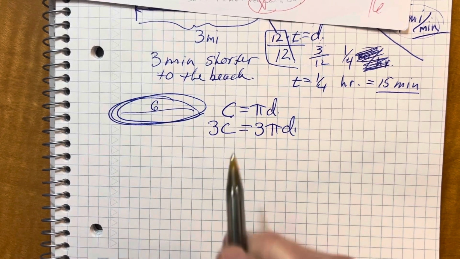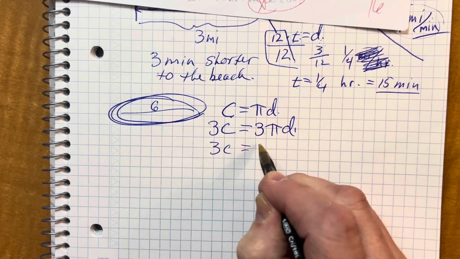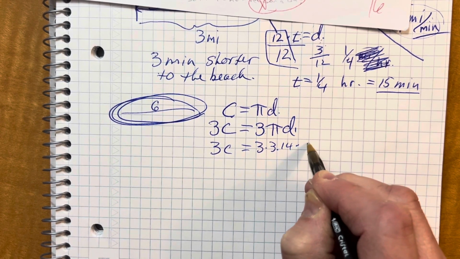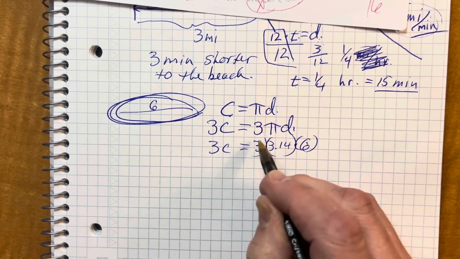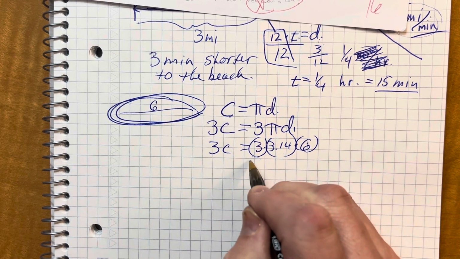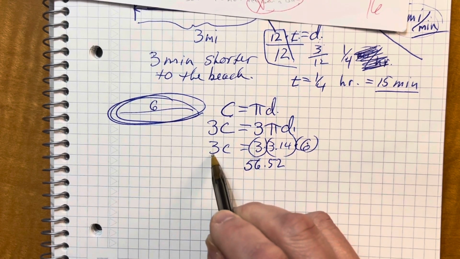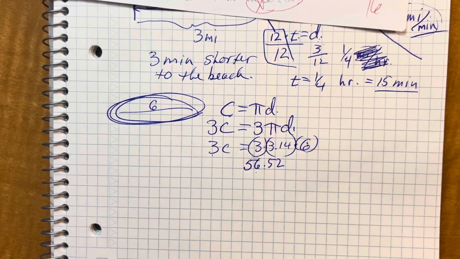Does that make sense? I'm multiplying each side by 3. So 3 circumferences is 3 times 3.14 times the diameter, which is 6. So you simply multiply those 3 factors together, and you're going to get 56.52, I believe. So 3 times the circumference, 3 times around, is 56.52.